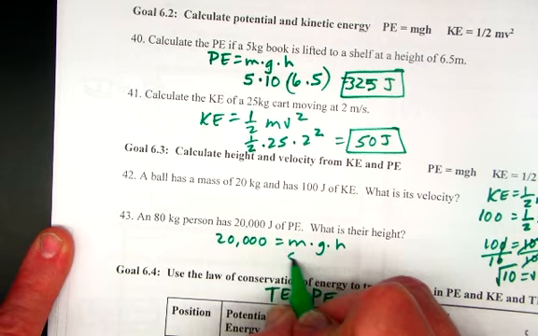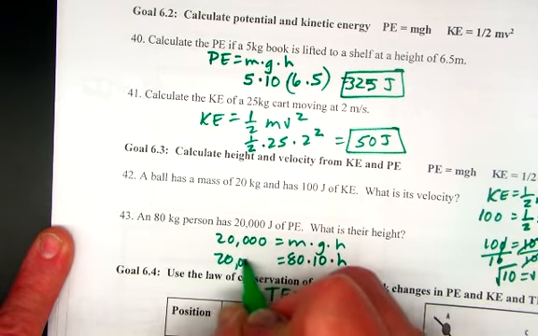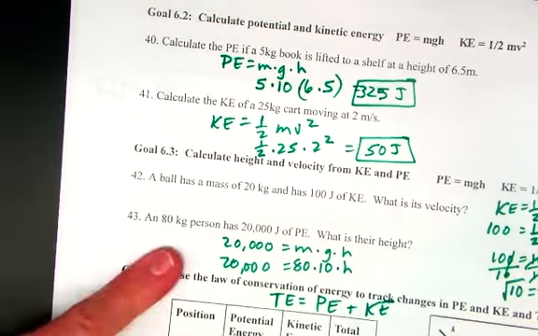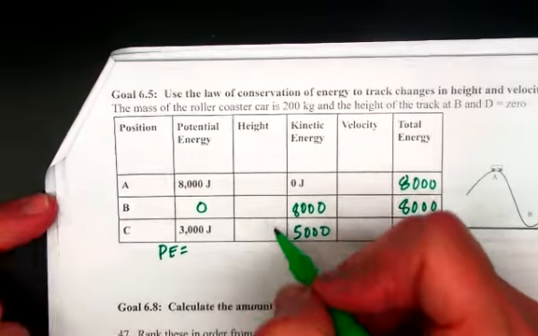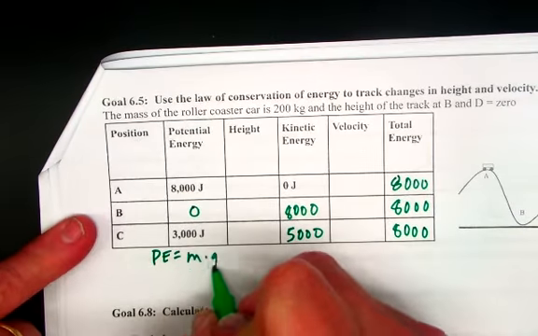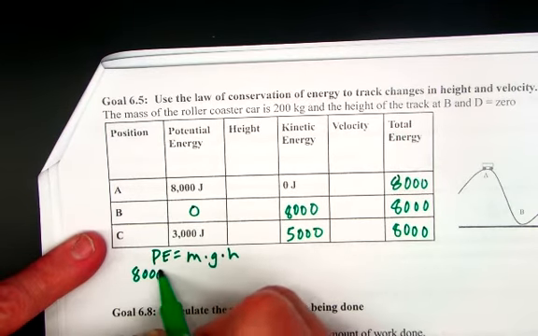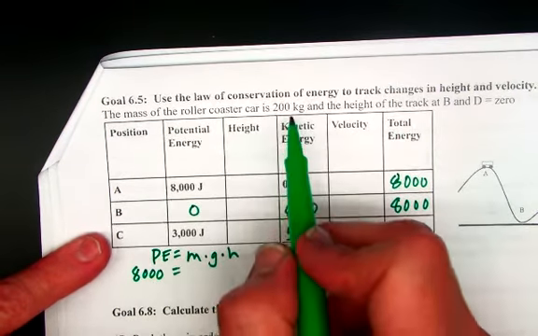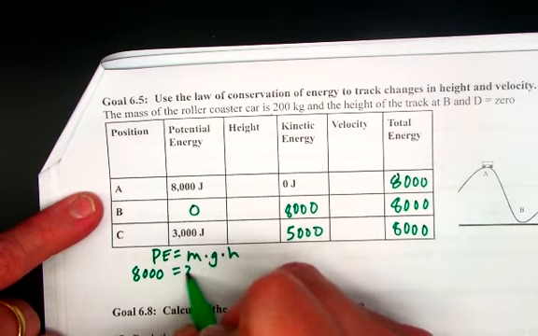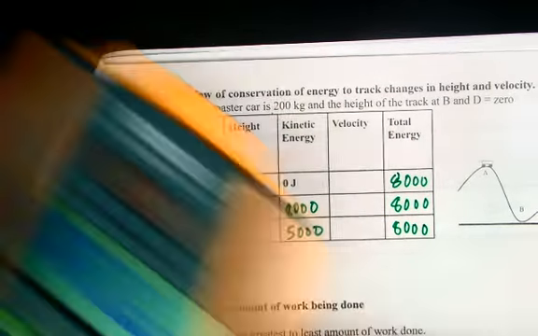The mass is 80, g is 10, and you solve for h. Same problem here: your PE is m times g times h. If the potential energy is 8,000 joules, they have to give you a mass, and there it is. The mass is 200 times g, which is 10, and you're going to solve for h.